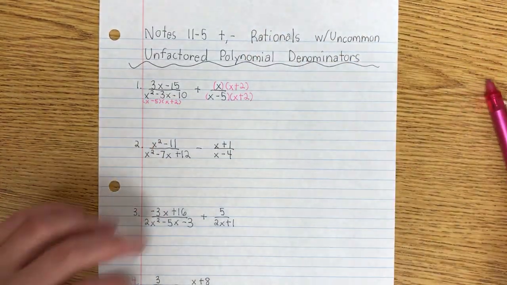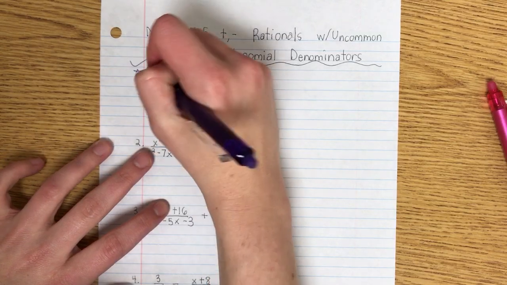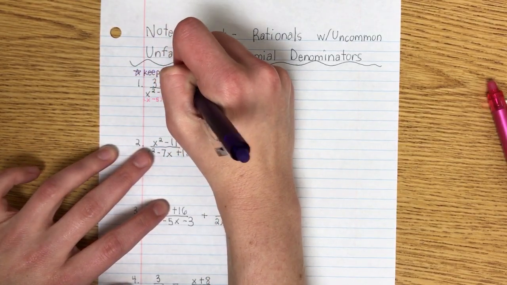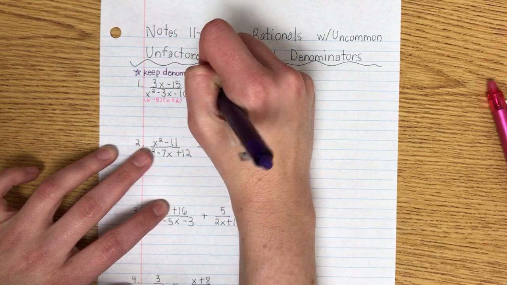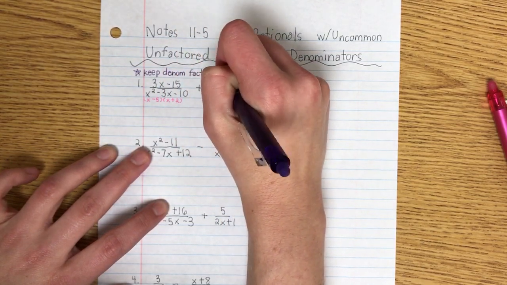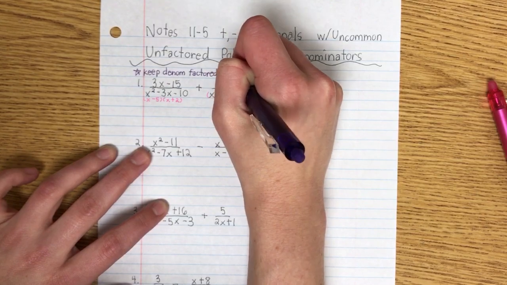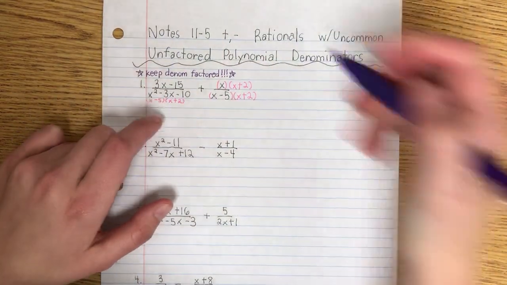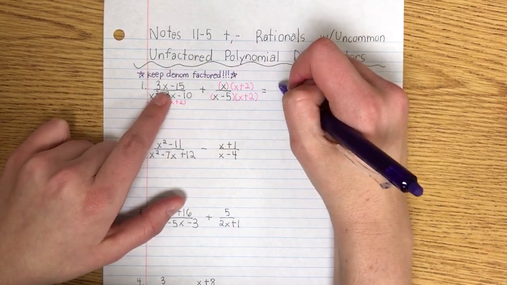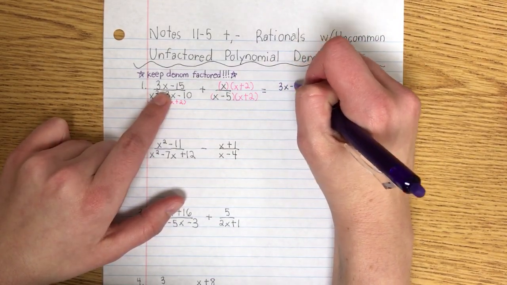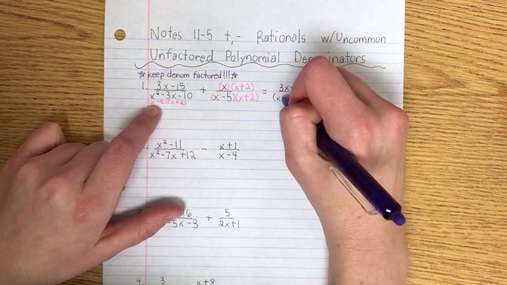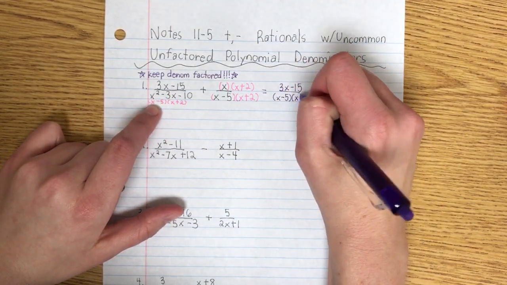So again, just like yesterday's lesson, keep denominators factored. You want to keep those denominators factored. That is like a big thing. Okay, so on the top, on the first one, I'm going to leave it as it is, 3x minus 15 over x minus 5, x plus 2.